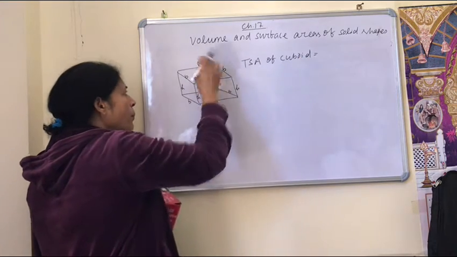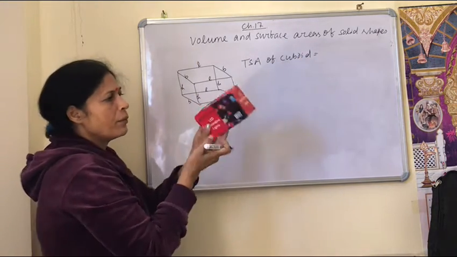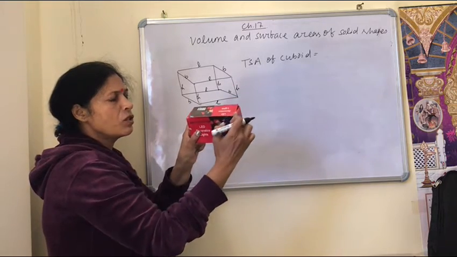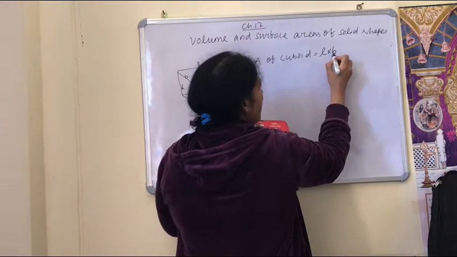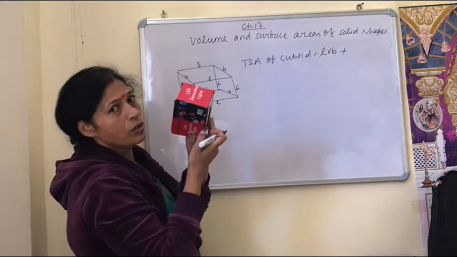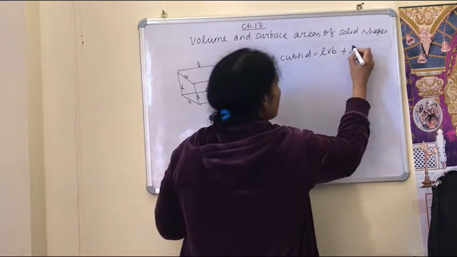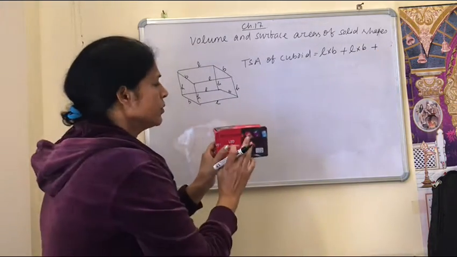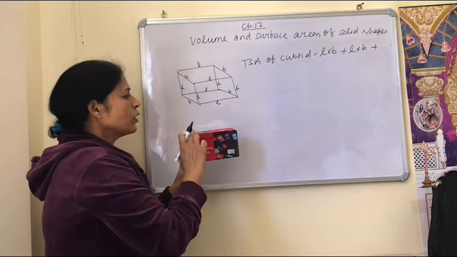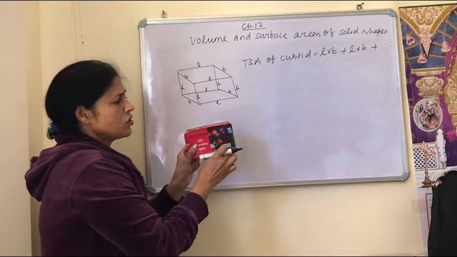The top part and bottom part: this is your length, this is your breadth. What is the area? Length into breadth, plus length into breadth. Then this part, your length into height.